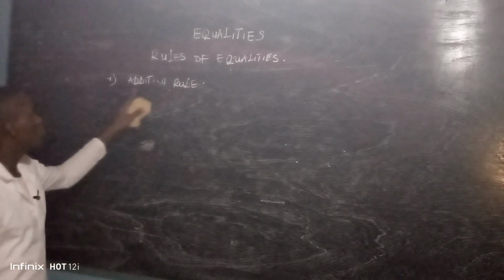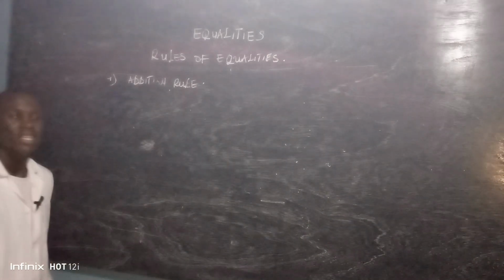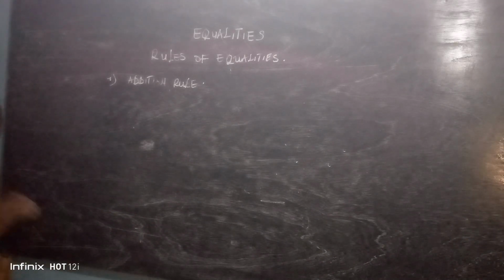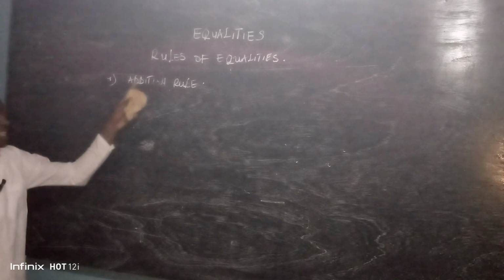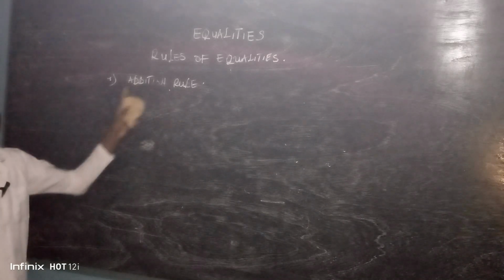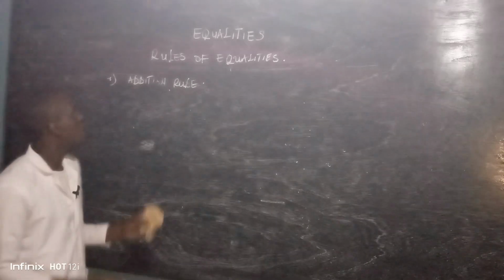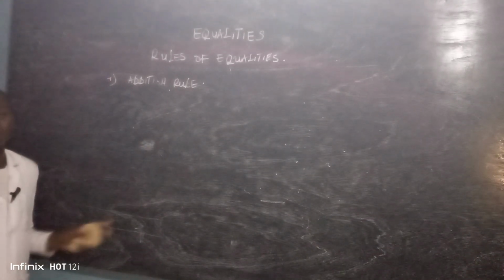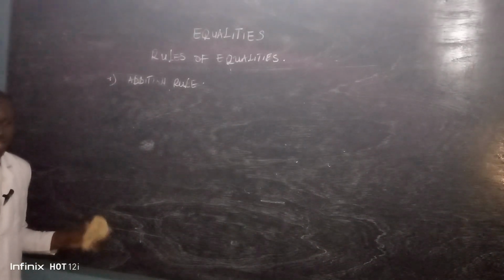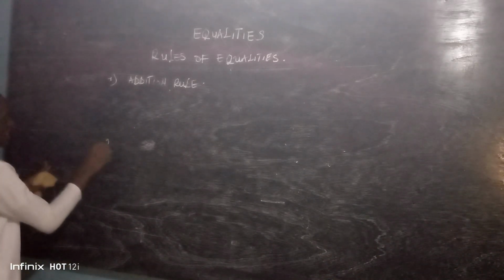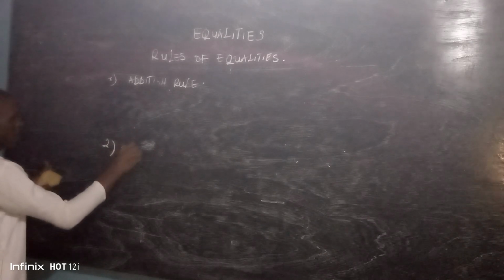How can you use it to solve an equation? This is what the addition rule helps you to do. If you have an equality, you add the same quantity on both sides of that equality. We say it leaves that equation virtually unchanged. So this is the addition rule and the subtraction rule we treated at once.